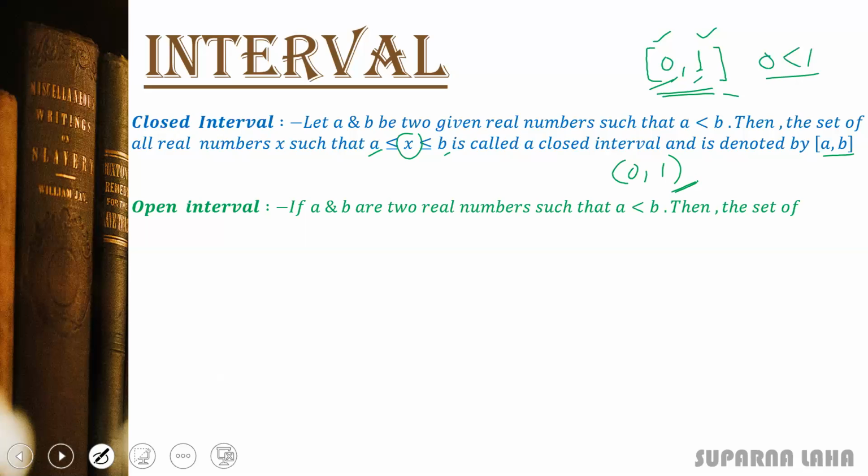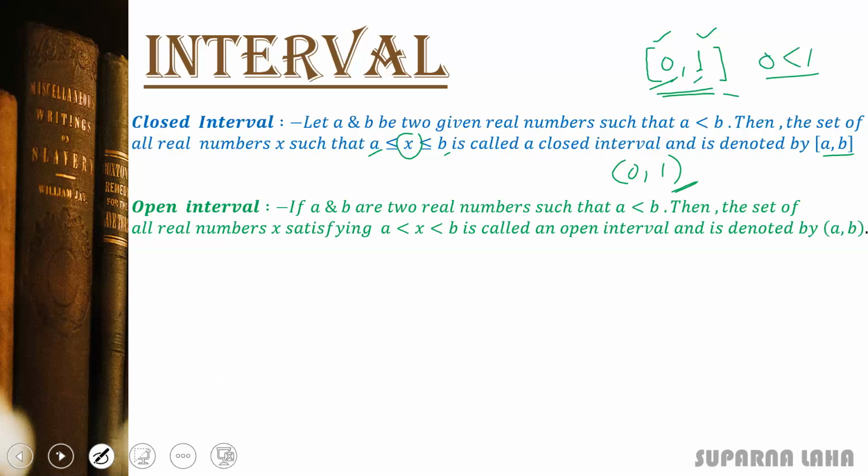If a and b are two real numbers such that a less than b, then the set of all real numbers x satisfying a < x < b is called an open interval and denoted by round brackets (a, b). Only one difference is there, the endpoints. In the closed interval we include the endpoints, and for the open interval we will not take the endpoints, that is 0 and 1. Here we use just the less than sign, and there we use the less than or equal to sign.